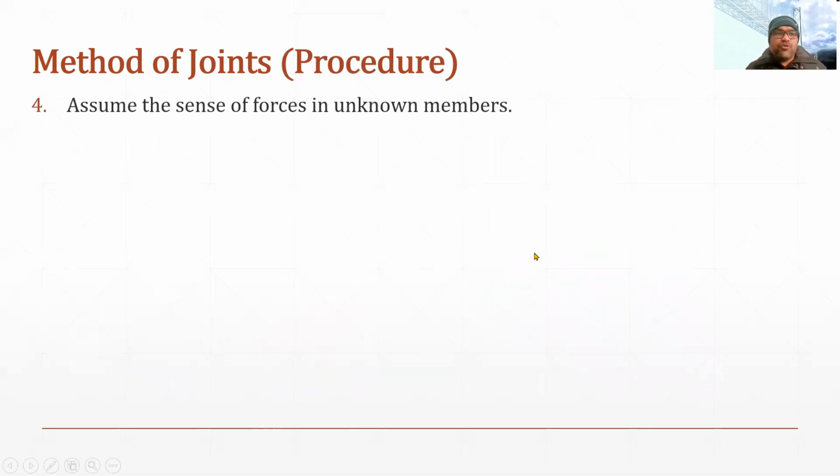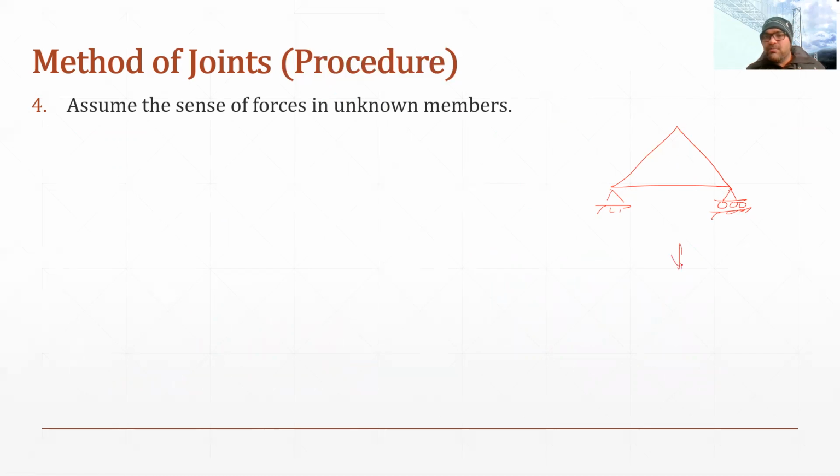Our next step would be to assume the sense of forces in unknown members. So for example, say this is the truss. I will repeat the steps again. The first step is to make the free body diagram.